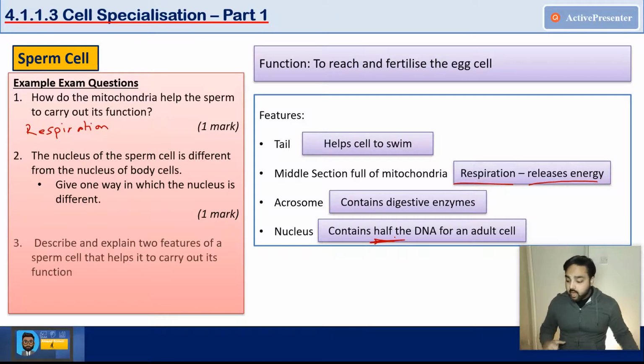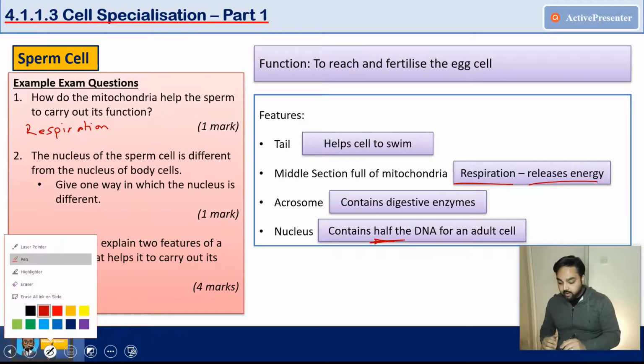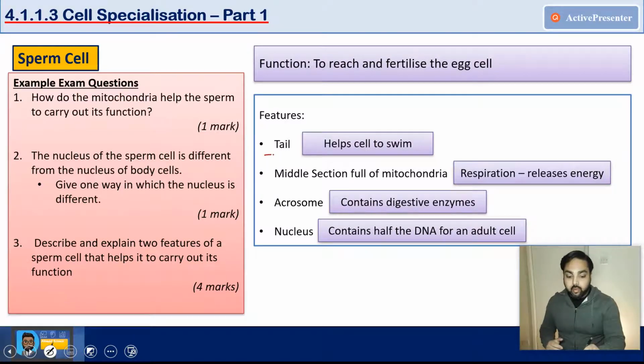Fantastic, well done. Describe and explain 2 features of a sperm cell that help to carry out its function, and this is worth 4 marks. You get 1 mark for stating the feature, and then 1 mark for stating how it's linked in. For example, in a model answer, I would talk about the tail, which helps the cell to swim, which allows it to reach the egg cell.